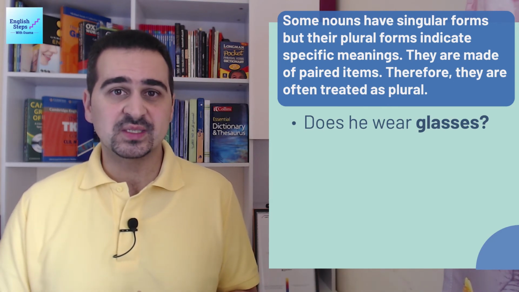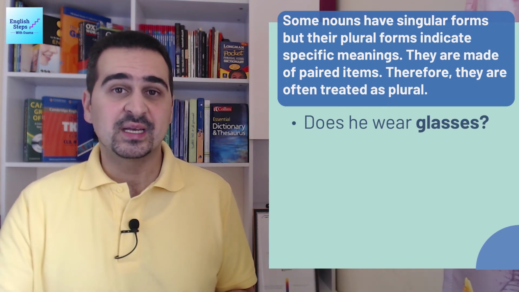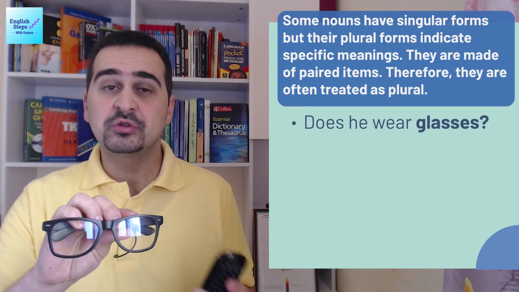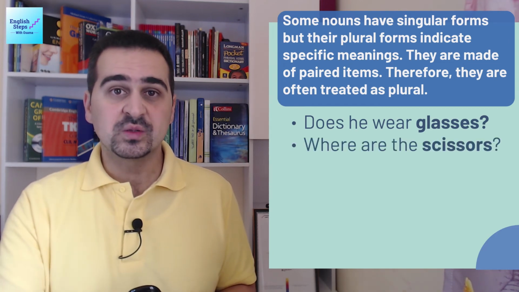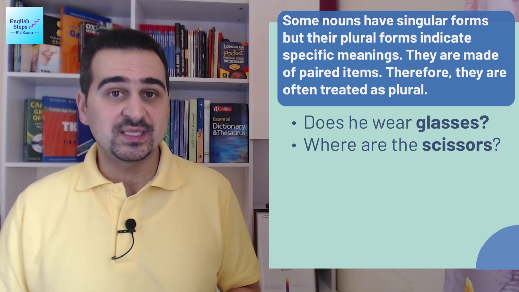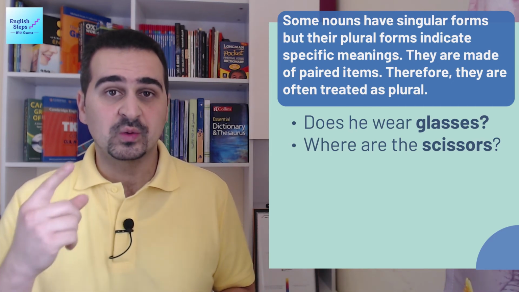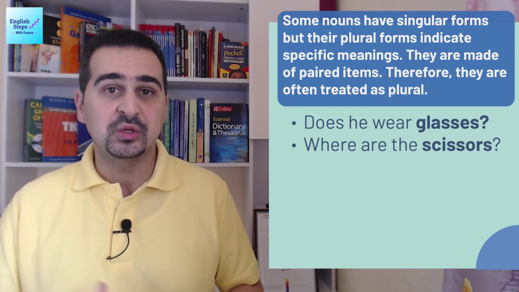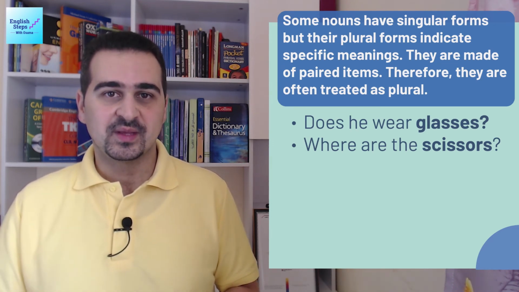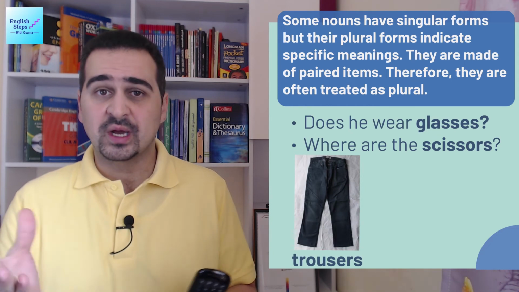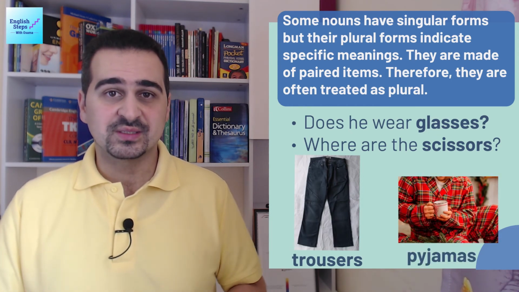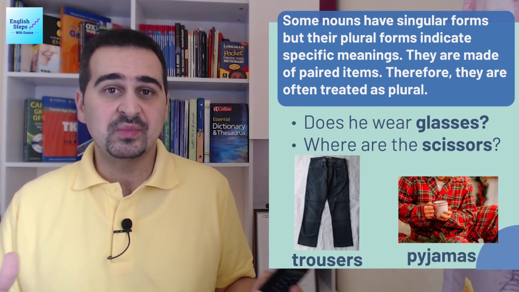I cannot say, does he wear a glass, because glasses are made up of two parts. Also, I say, where are the scissors? The scissors are made up of two parts, not only one. So they are usually used as plural. Some other examples like trousers, pajamas, we always use them as plural.